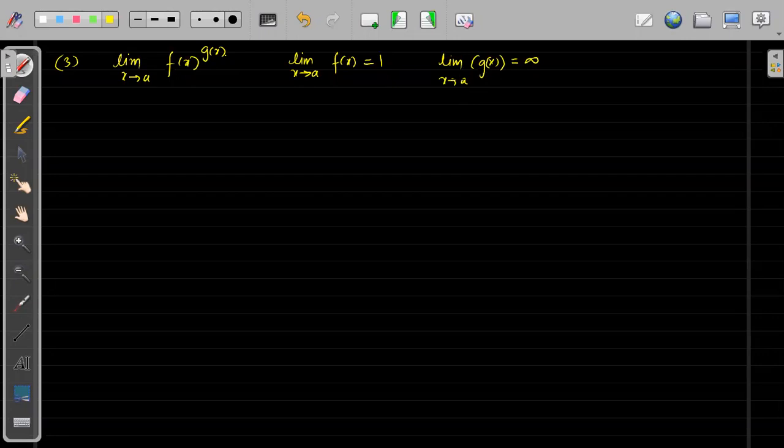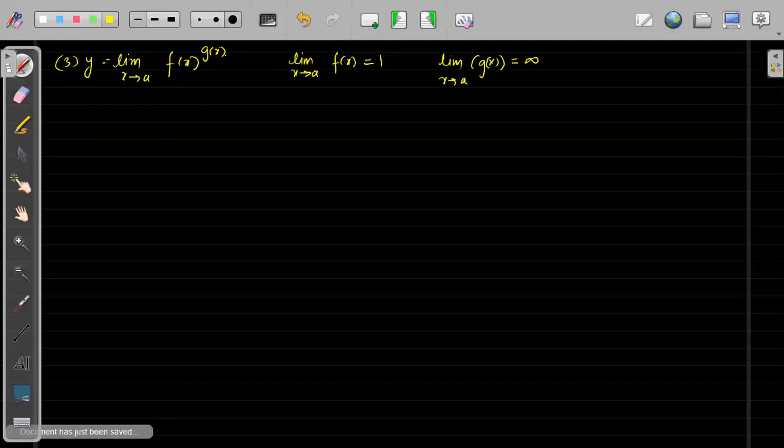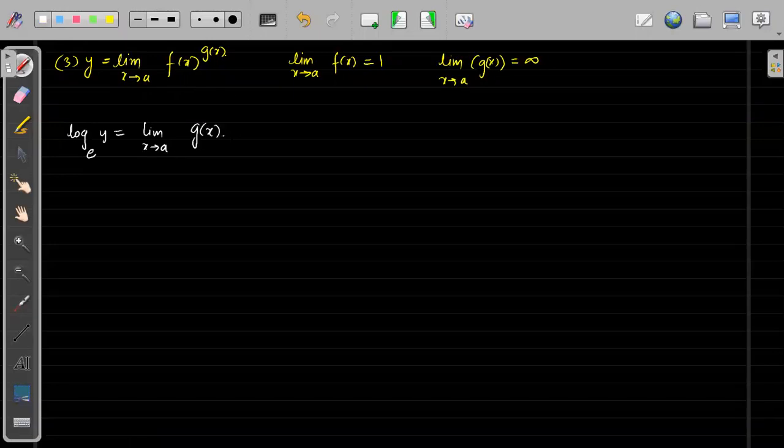So what we will do, again we will take log on both sides. In this case also we will take log on both sides, but here there will be something different. If we take log base e y, it is equal to the limit of x tending to a, taking g of x outside, g of x into log base e f of x.